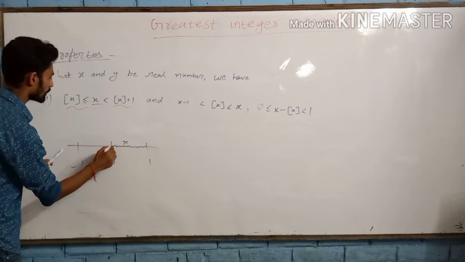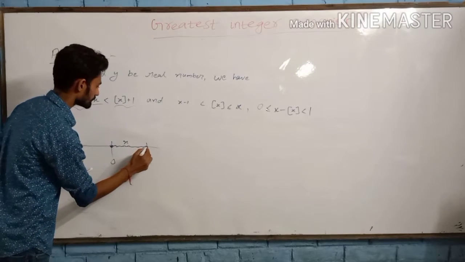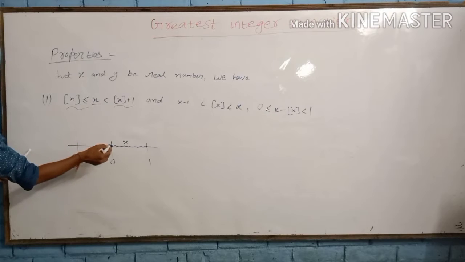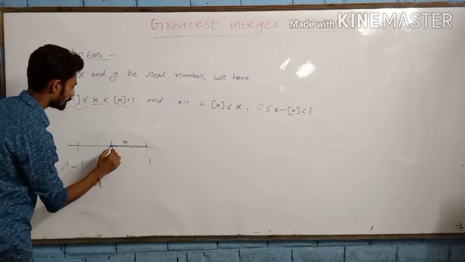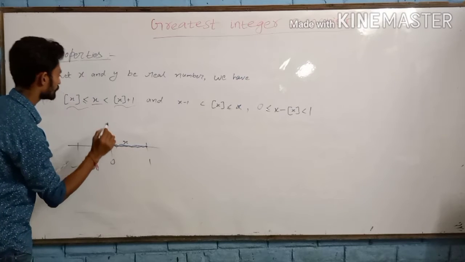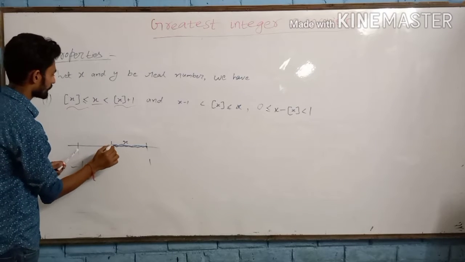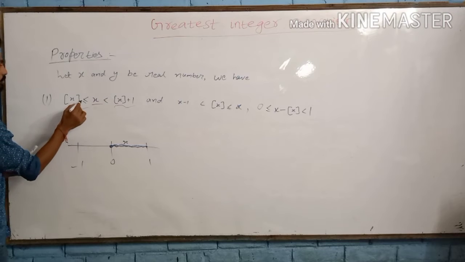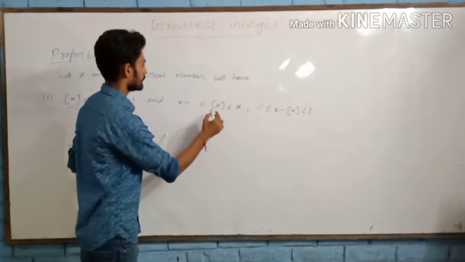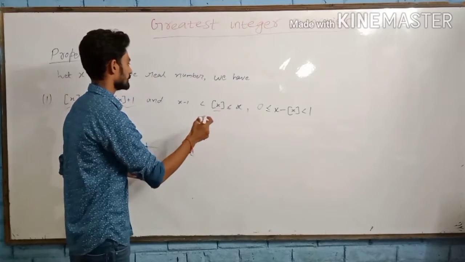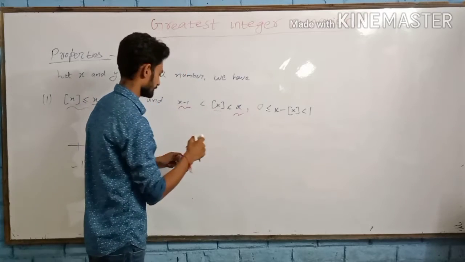Then the value of box x is 0 and the value of box x plus 1 is 1. So x lies between 0 and 1, the value of box x over the whole range is 0, and for x equal to 0, box x is also 0, so here equality also holds.